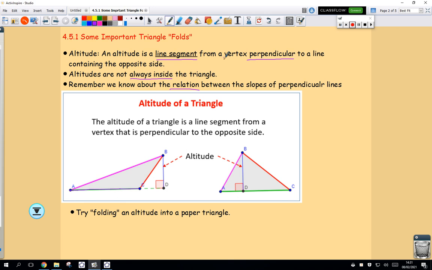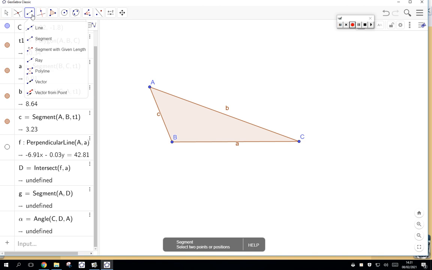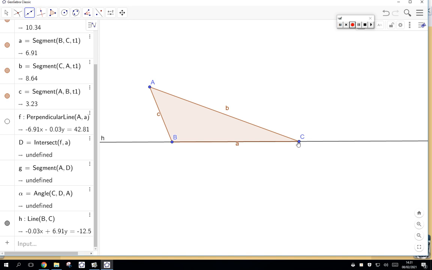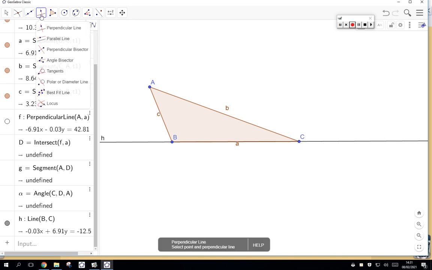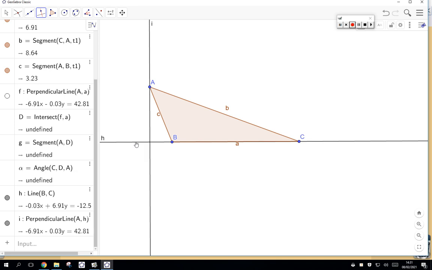So to draw the altitude here, I have to imagine a line containing this side BC. So I can extend a line, so I'm going to go to my line menu, extend a line all the way through B and C, and then I can draw my perpendicular line from that vertex down there, and from here on in it's the same as before.